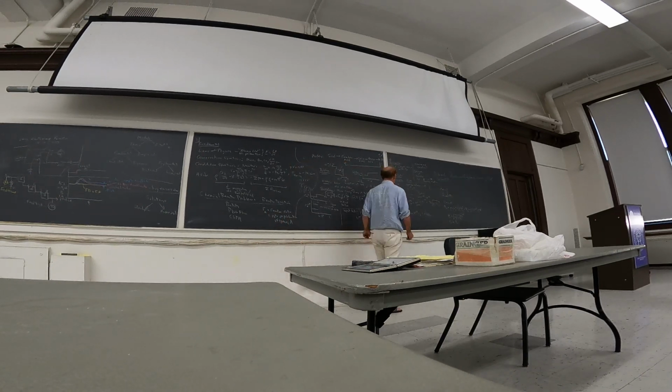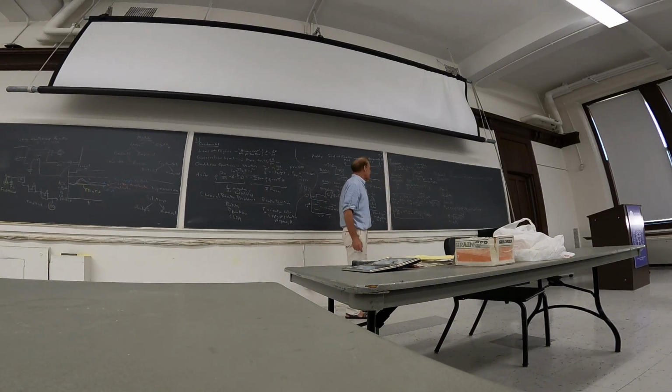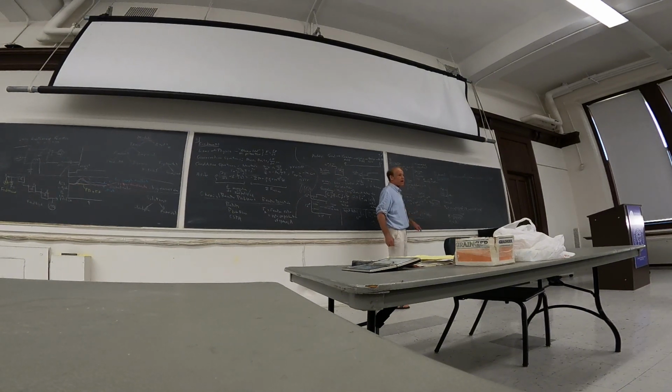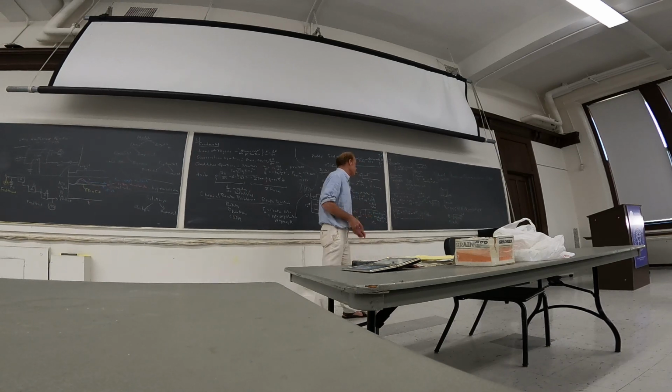So I have a simple equation, dCA/dt, and I need the volume here. CA is moles per unit volume, times volume per unit time, so this is moles per unit time. And every term here is moles per unit time.